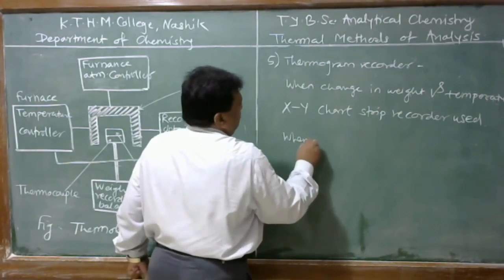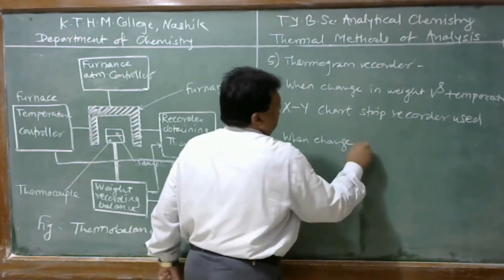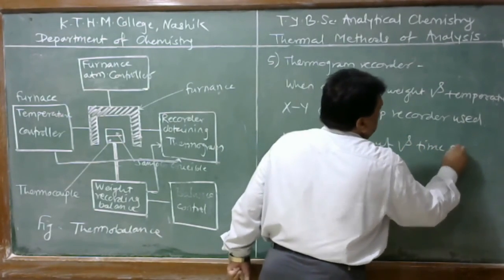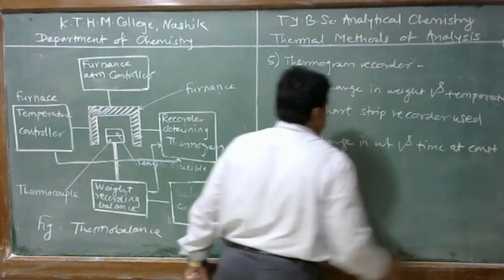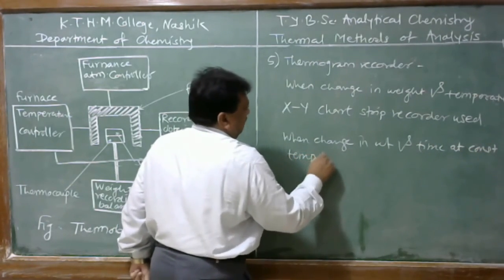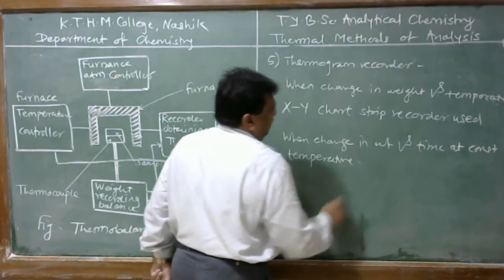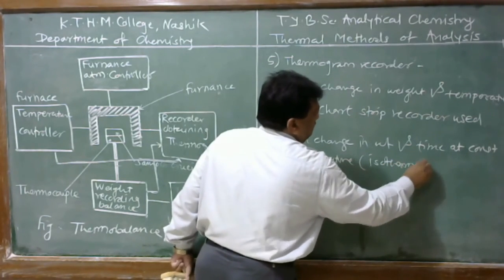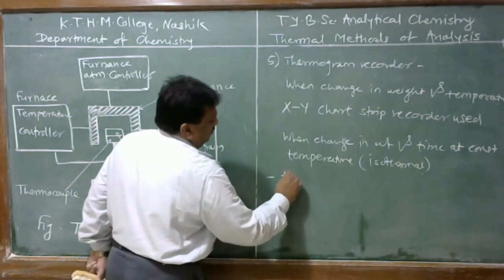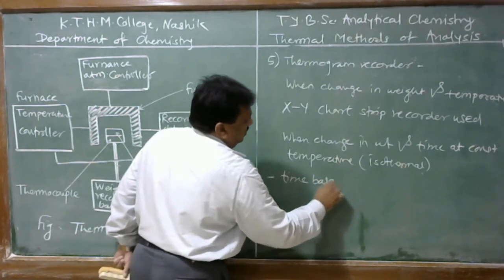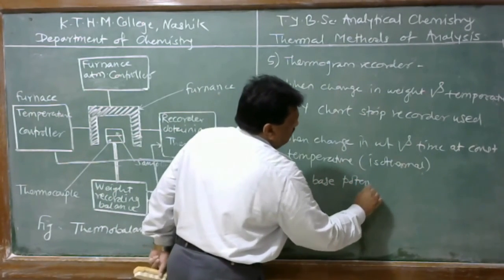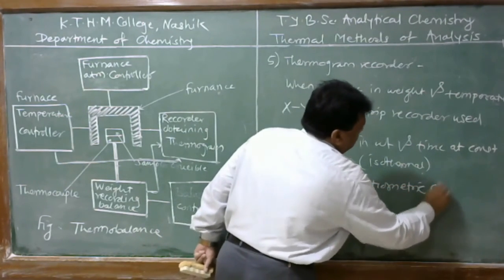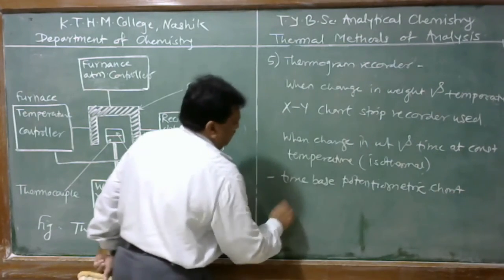When change in weight is recorded as a function of time at constant temperature, that means isothermal, then a time-based potentiometric chart strip recorder is used.